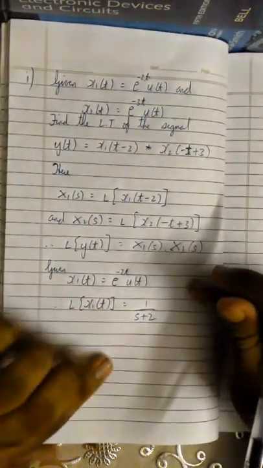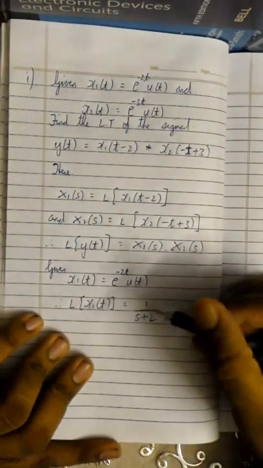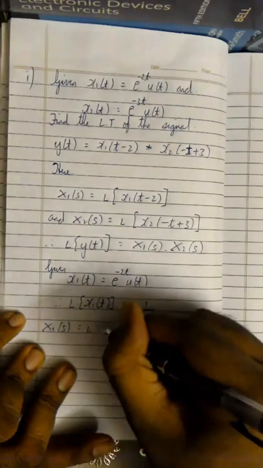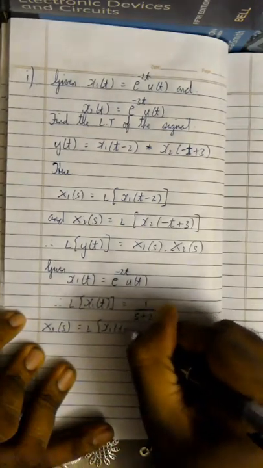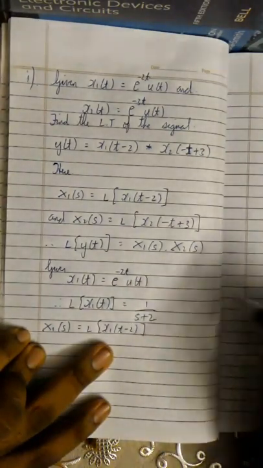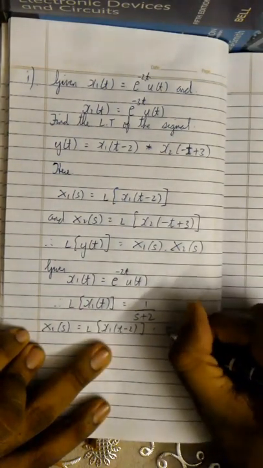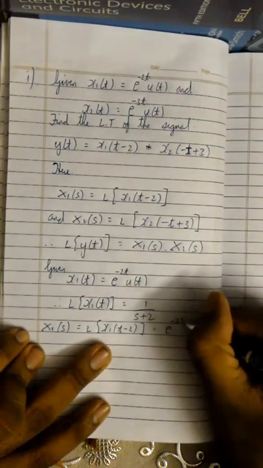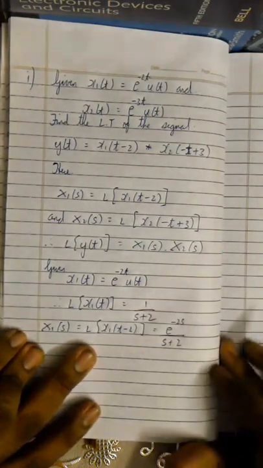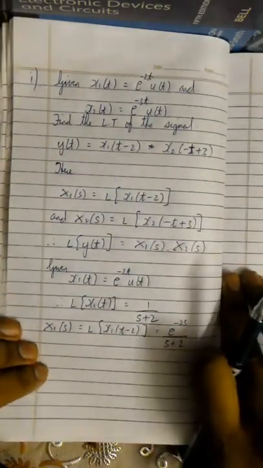Therefore X1(s) is equal to the Laplace transform of x1(t minus 2), and you need to apply the time shifting property. So this is minus 2, and it will become e raised to minus 2s into 1 by s plus 2, that is, e raised to minus 2s by s plus 2. This is X1(s). Now you need to find X2(s).